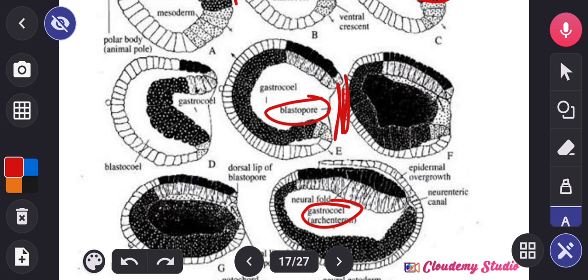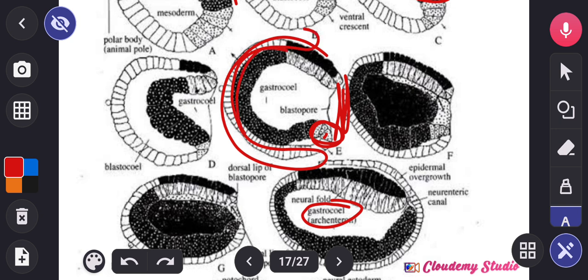You know that this is the ectodermal cells, this is the endodermal cells, and we have the mesodermal cells here. So this blastopore refers to a space at which these mesodermal cells move inward so that they can occupy their space. Do you understand?